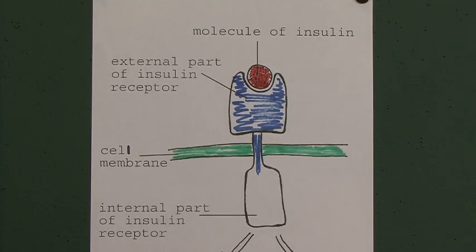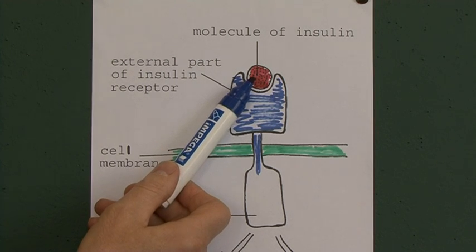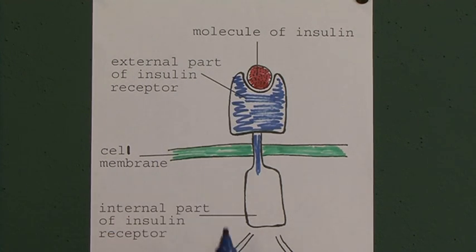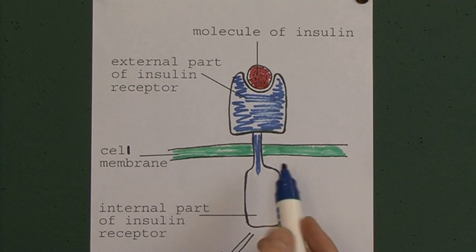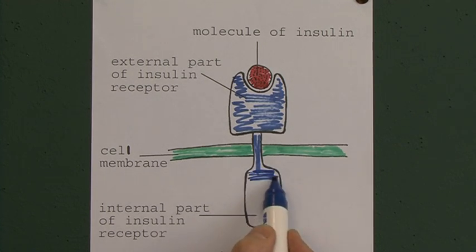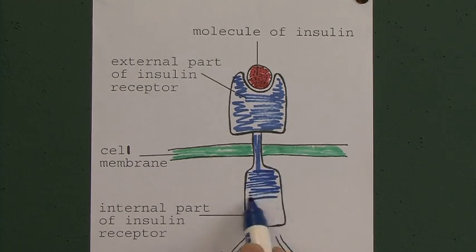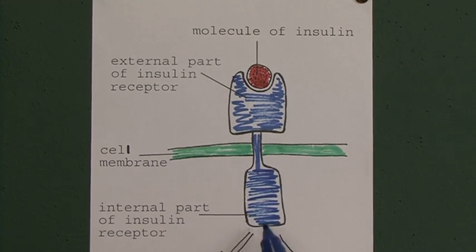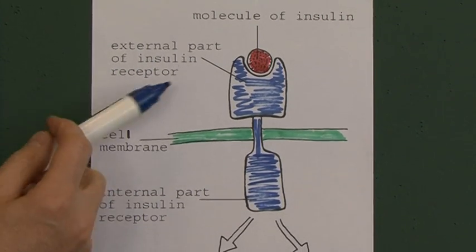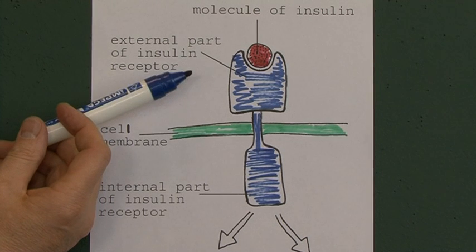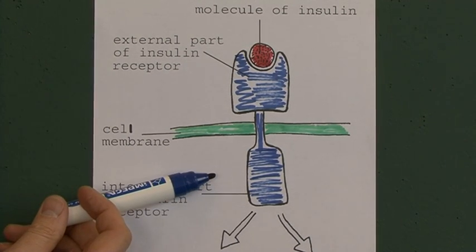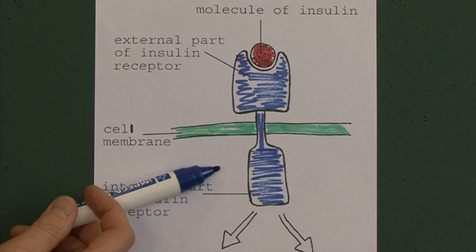And once the insulin molecule has combined with the insulin receptor molecule, that's going to bring about changes that will affect this, which is the internal part of the insulin receptor molecule. So this is in the tissue fluid here, and this is in the cytosol of the cell here.